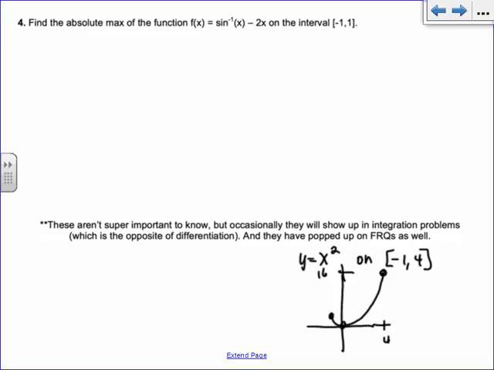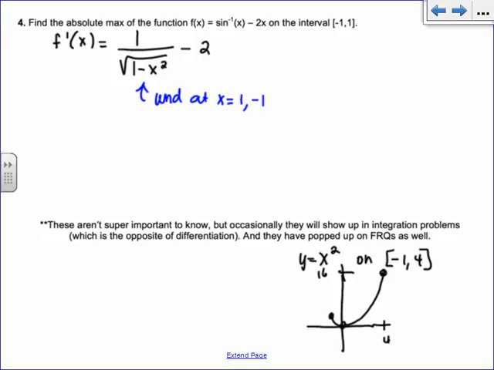Okay, so it says find the absolute max of this function. So we know to find the absolute max, we're going to take the derivative, and we're going to set our derivative equal to 0 and find when it's undefined. So I'm going to have 1 over the square root of 1 minus x squared, and then minus 2. Okay, can you tell where it's undefined right now? X equals 1 and -1, right?